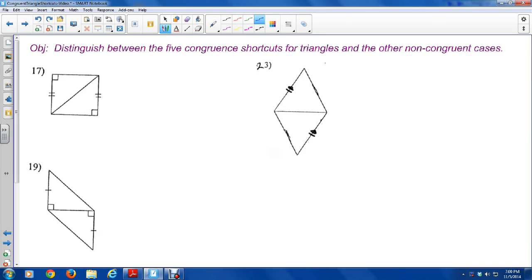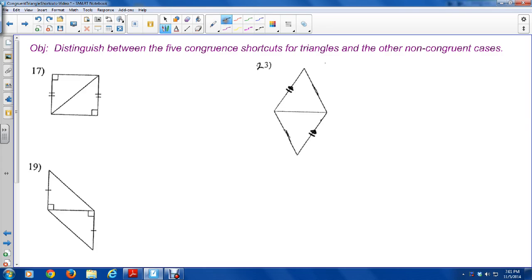So I'm on your worksheet on number 17 and 19. And I specifically picked out some that have right angles because you hopefully gathered that HL only works for right triangles. Okay. However, I would highly discourage you from starting with HL every time you have right triangles, because HL is not the only congruent shortcut that works when I have right triangles. In fact, any of my 5 congruent shortcuts work for right triangles.